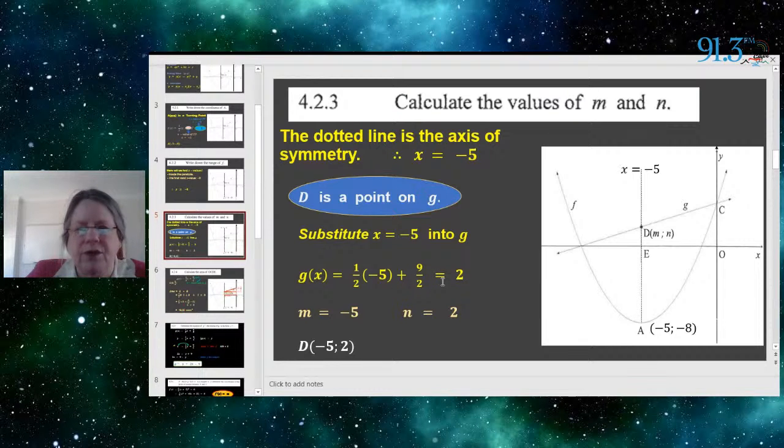And if you put that into your calculator, you will get 2 as an answer. So your y value is 2. So therefore, m equals -5 and n equals 2. Or D's coordinates would be -5 semicolon 2.